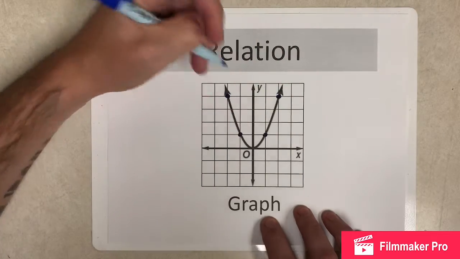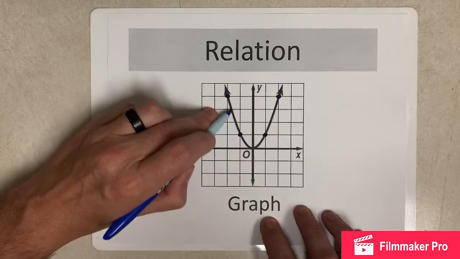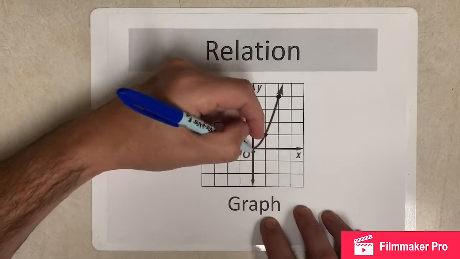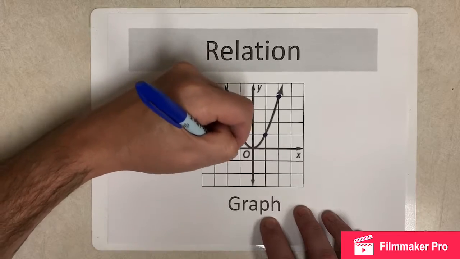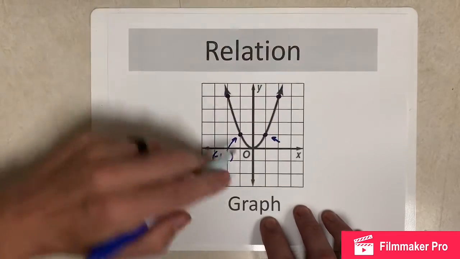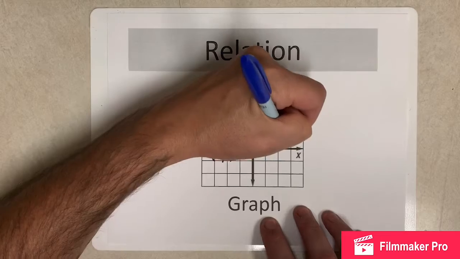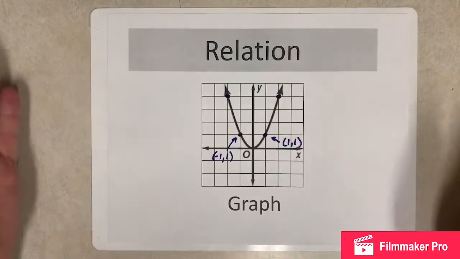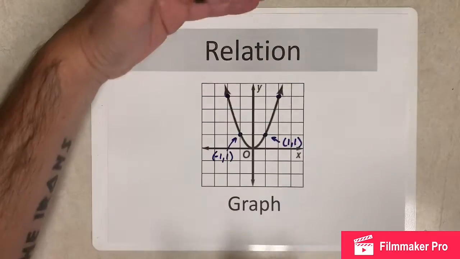But we definitely can't get all of them because we don't know what these are inside here from here to here. We do know that that ordered pair would be -1, 1. And we do know that this ordered pair right there is 1 comma 1, but a lot of the other ones we have no idea. So we have this graph right there to show us the shape of that and the behavior and how it's going to work as it gets wider for the x's and then for the y values as it goes that way.